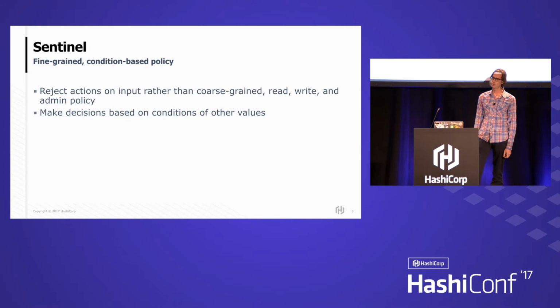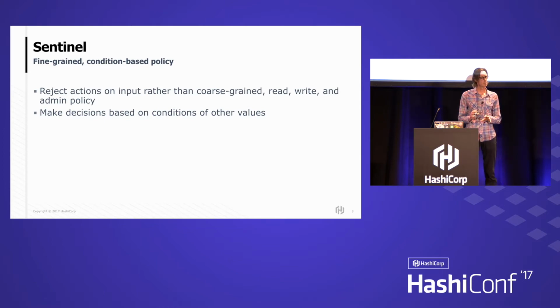With fine-grained, condition-based policy, any available input can be used. It doesn't have to be coarse-grained read, write, or admin. We can make policy decisions based on the conditions of other values.